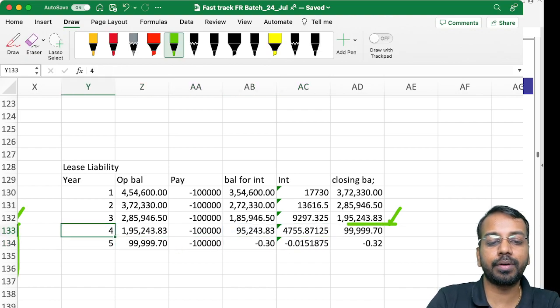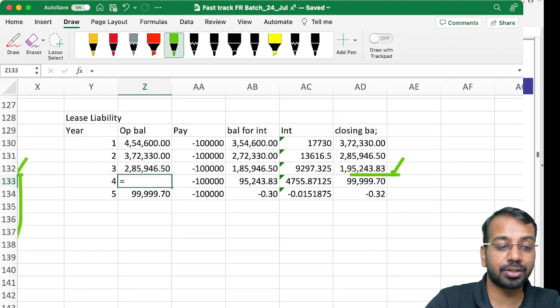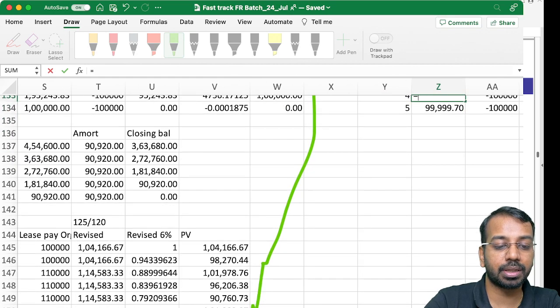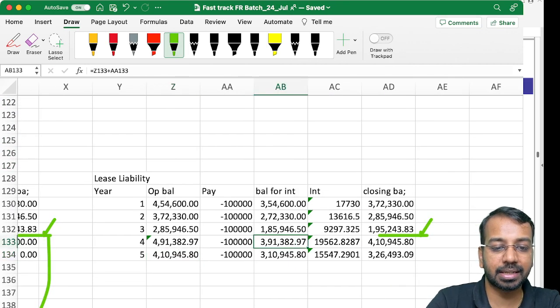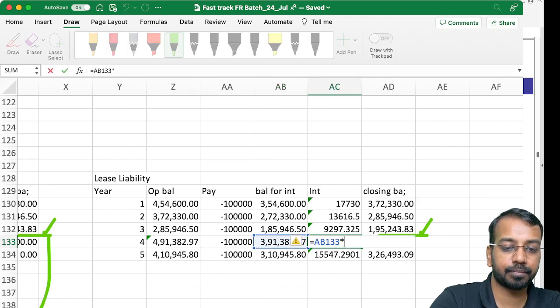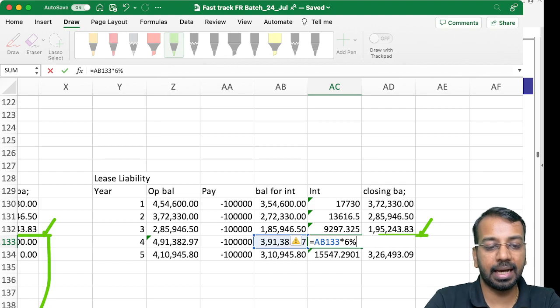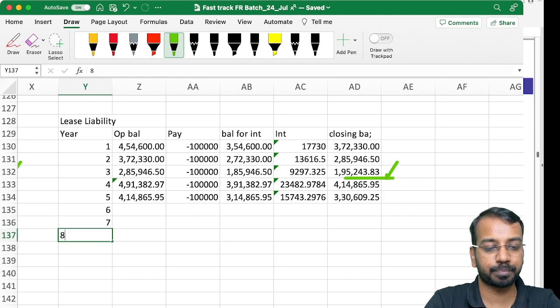Now, in year 4, the liability has changed to 491,382. So we'll take 491,382 and update the interest rate to 6%. And like this you will calculate for years 5, 6, 7, 8 also.